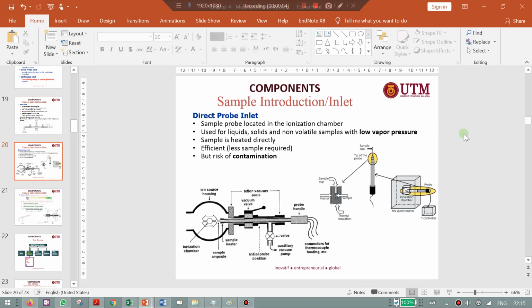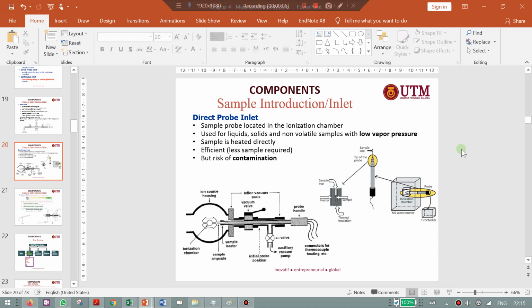Alright, the next sample introduction or sample inlet is the direct probe inlet. As I already mentioned before, the difference between the direct probe inlet and the batch inlet, or what we call the continuous inlet, is that in the direct probe inlet the sample introduction is at the ionization chamber.